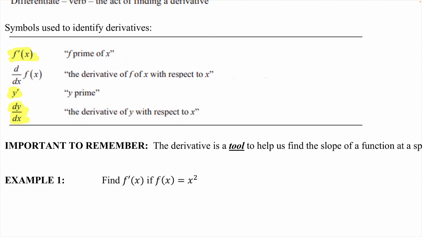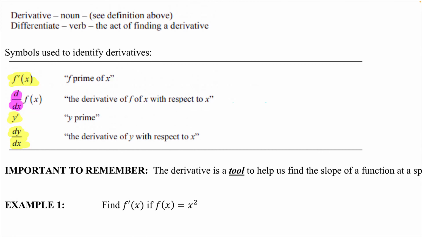Anytime you see this guy, which looks very similar, that means that's an action. Find the derivative. If you see d over dx, it means you haven't found the derivative yet. The yellow ones mean it's already been done, here it is. Okay, so that's the difference. One is a verb, one is an action. The pink is an action. It means find the derivative, it's a command. And the yellow is a noun, here it is.